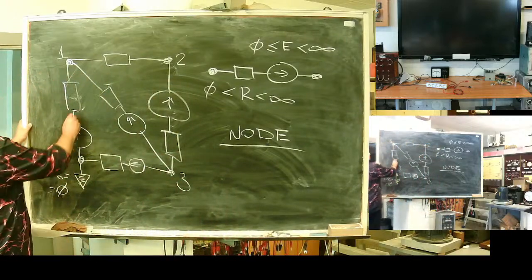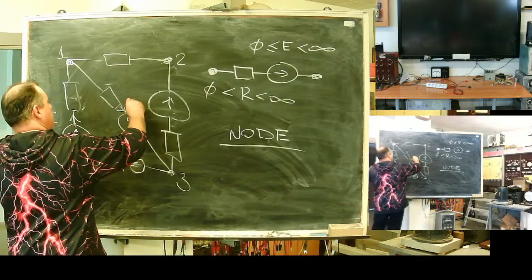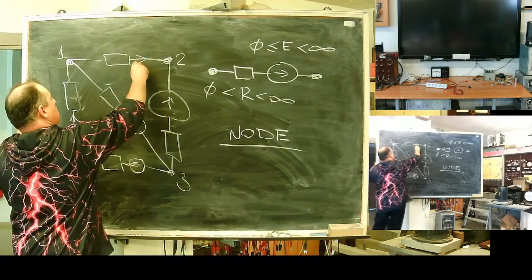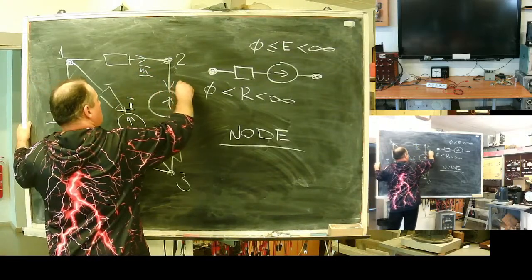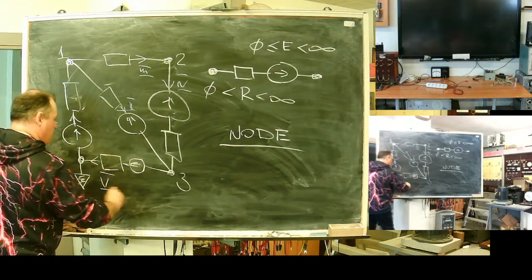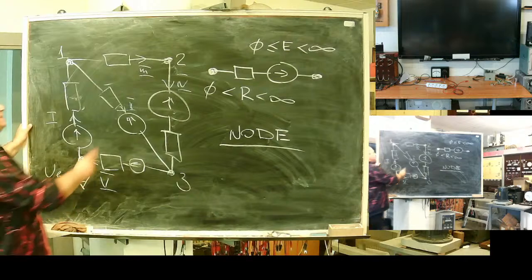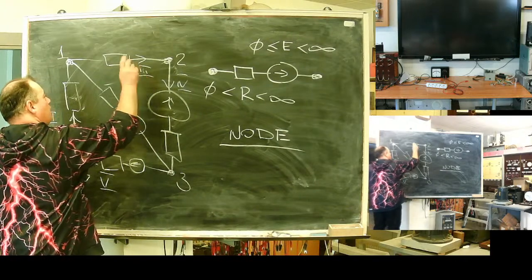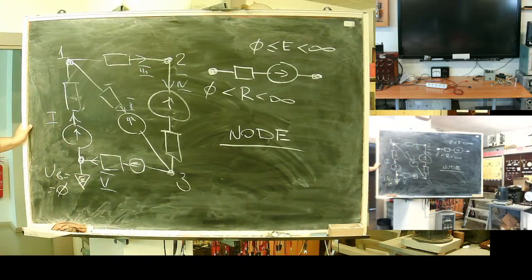So let's say this is branch 1, this is branch 2, this can be branch 3, maybe this one is branch 4, and this one is branch 5. I did it as I want. It's at my disposal.